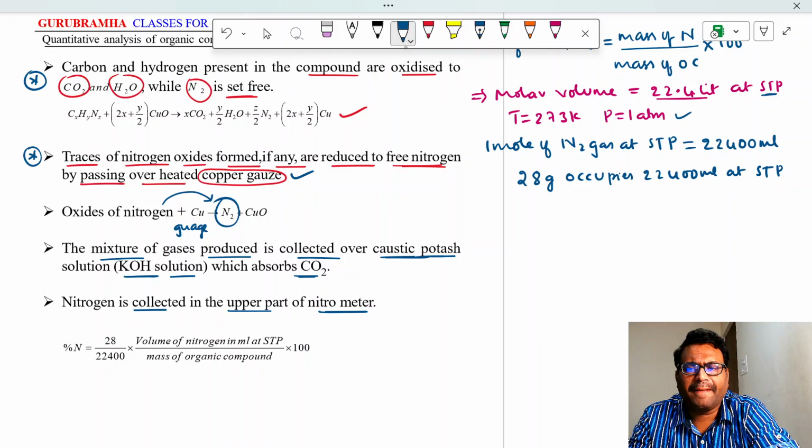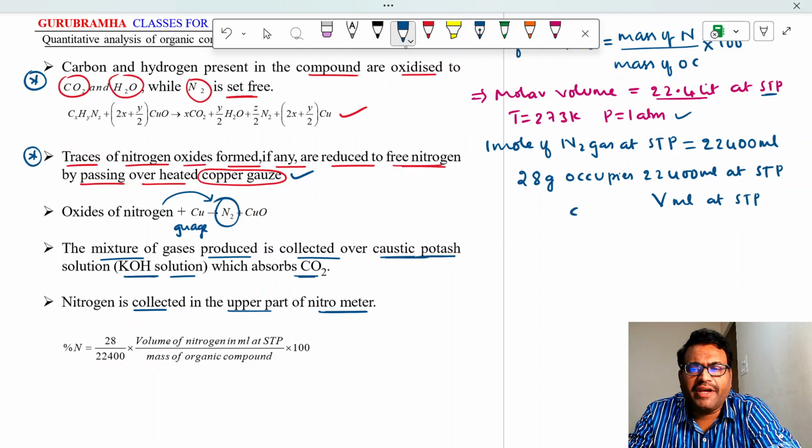Then we do not know how much ml of nitrogen is released. Let us take V ml at STP. It occupies, let us take it as X grams. What is X?